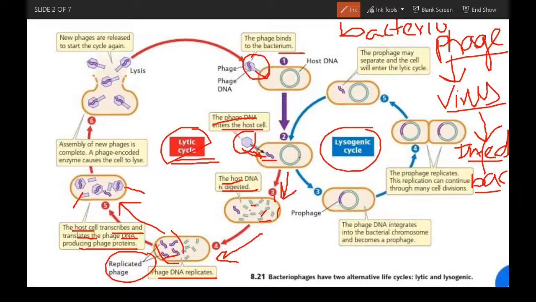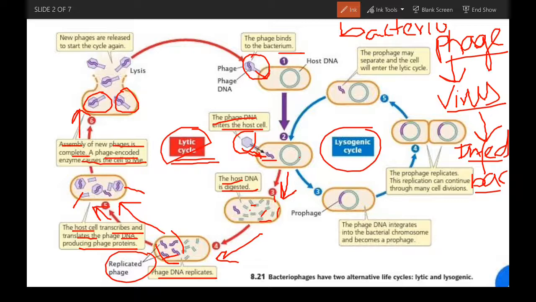So new phage molecules are being formed. Then assembly of new phages is complete. Complete phage molecules are produced inside the cell, assembled together with DNA and protein coats.